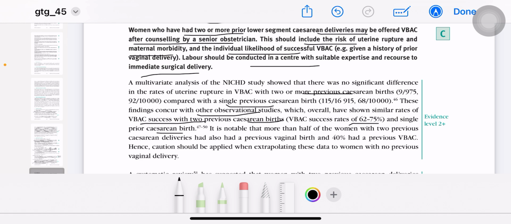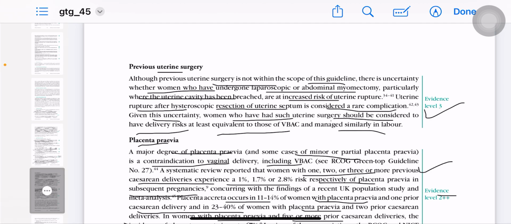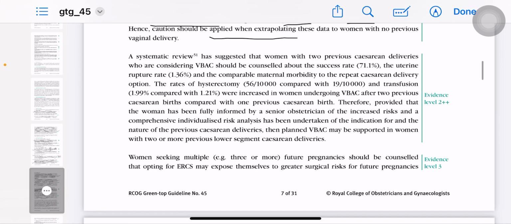So after a cesarean delivery, the chance of successful VBAC is approximately 62 to 71%, and they said that with the previous 2 cesarean sections, the success rate is the same, 62 to 75%, but it will depend upon the obstetrician's choice. It is notable that more than half of the women with previous 2 cesareans have a previous vaginal birth and 40% have a previous VBAC. Caution should be applied when extrapolating these data to women with no previous vaginal delivery. So better to avoid it in these patients.